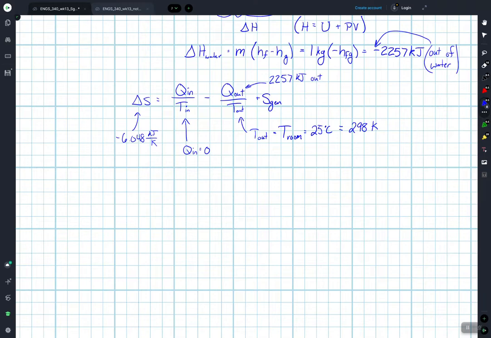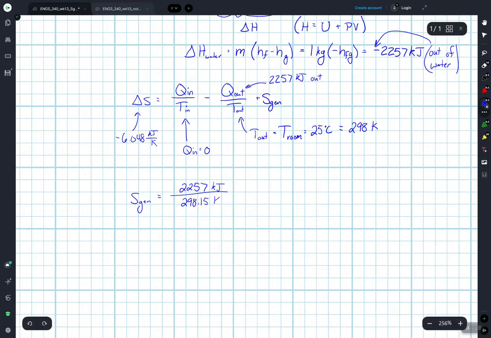Then if we want to calculate S gen, it is equal to 2257 kilojoules divided by 298.15 Kelvin plus negative 6.048 kilojoules per Kelvin.